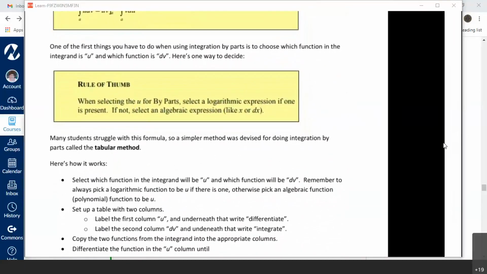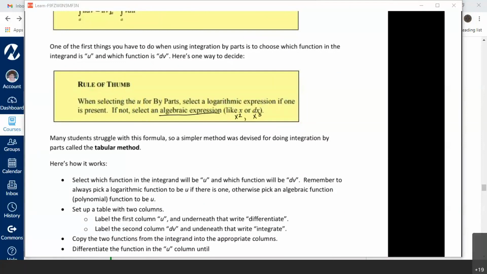So here's the rule of thumb they give you. When selecting the u for by parts, select a logarithmic expression if you've got one, like ln of x or log something of x. If you don't have that, select an algebraic expression, like x or x squared, x cubed. Basically a polynomial.